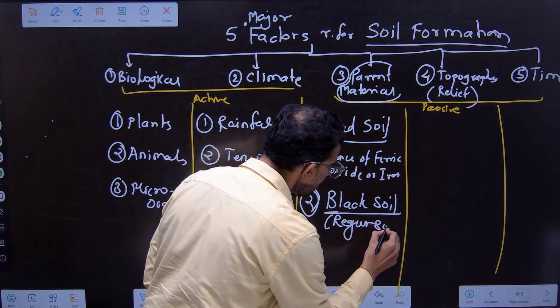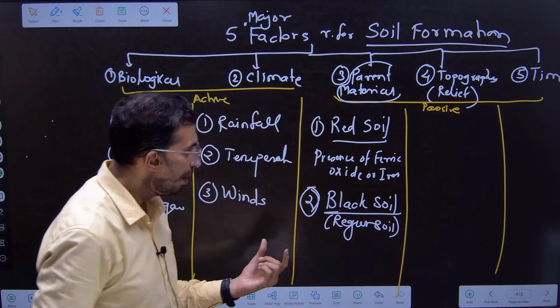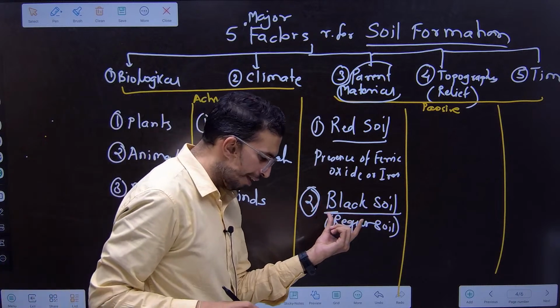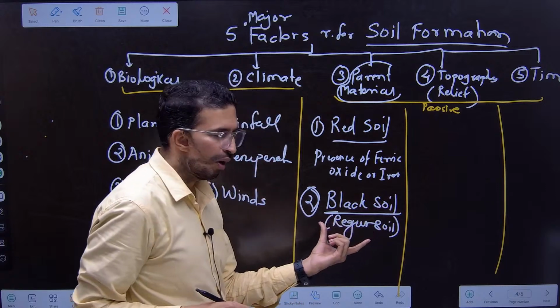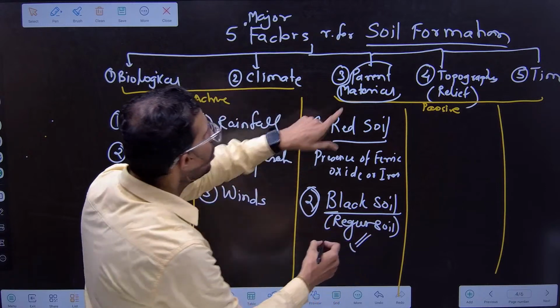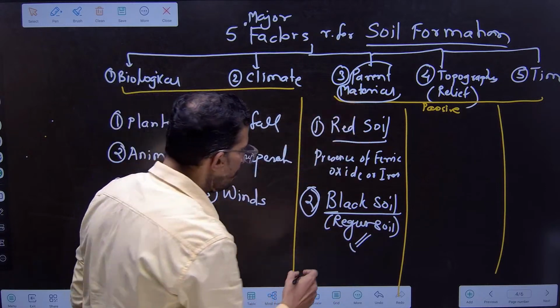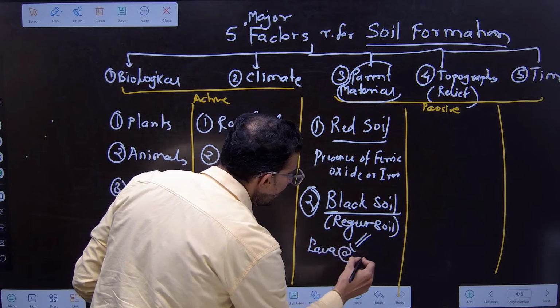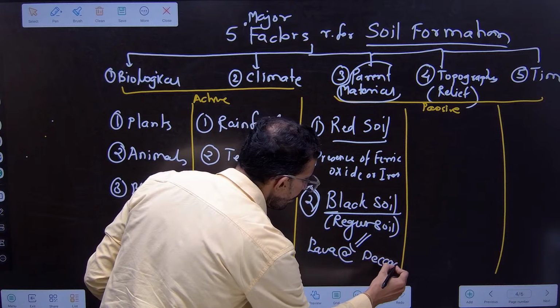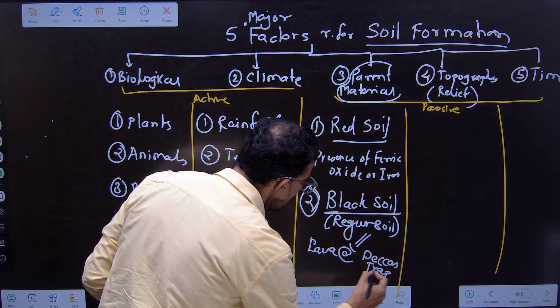That we are going to study in the upcoming topic. This black color of the regur soil is imparted due to the parent material. And which is the parent material? The lava of the Deccan Trap, or the basalt material.